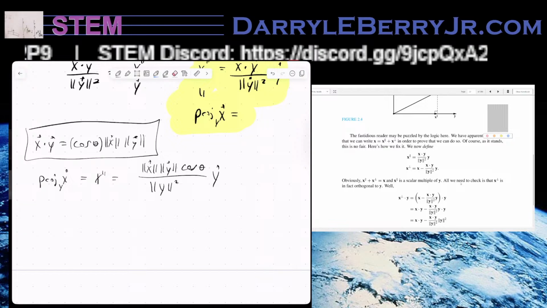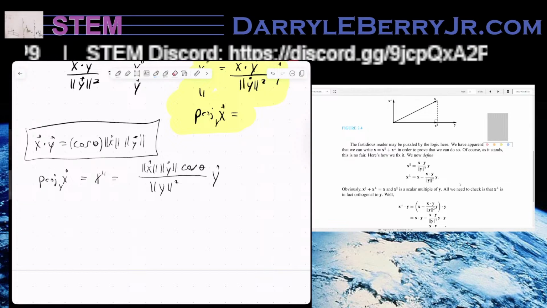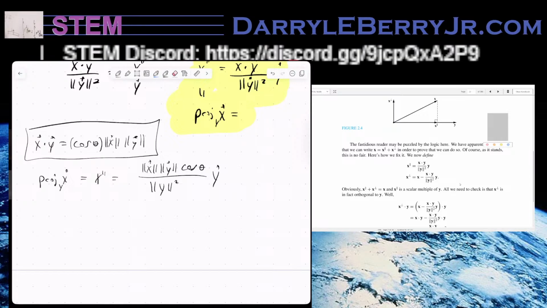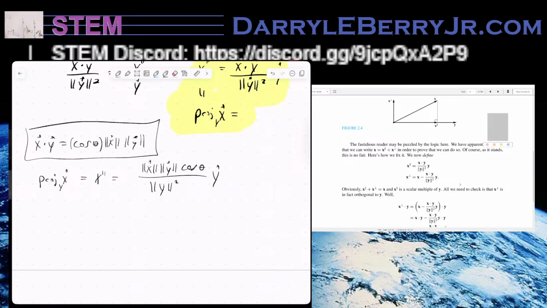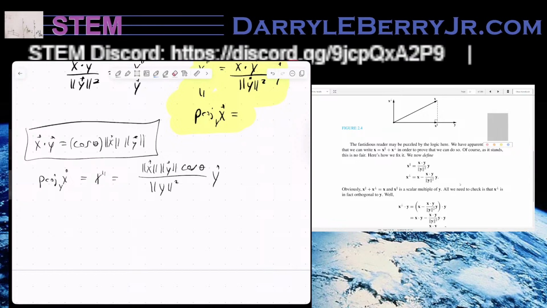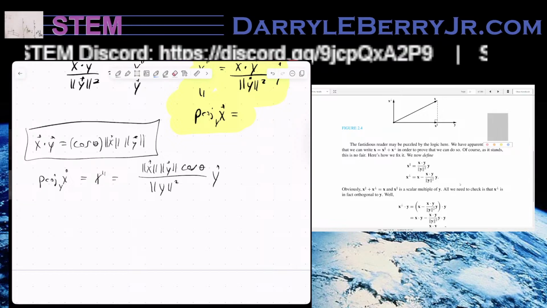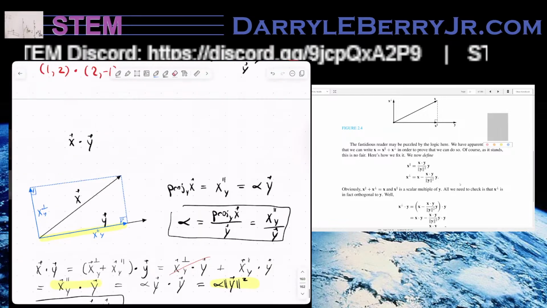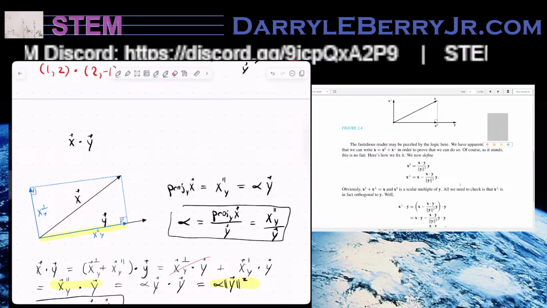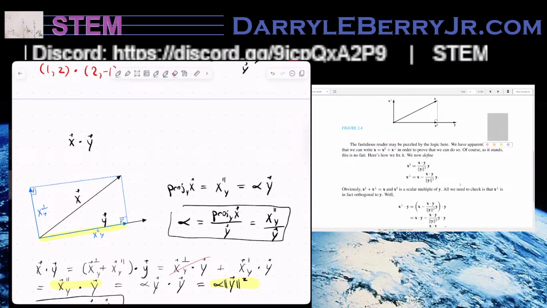So now they have the perpendicular. Oh, it's x minus x parallel. That's interesting. And that is true.